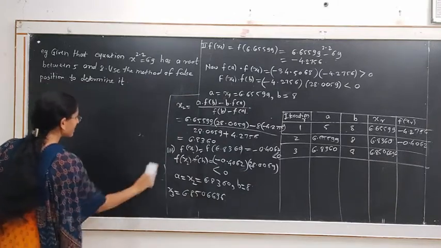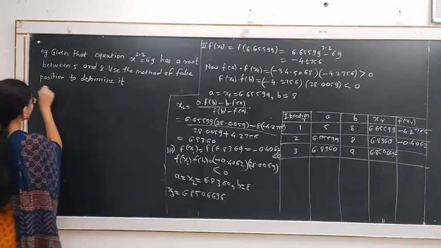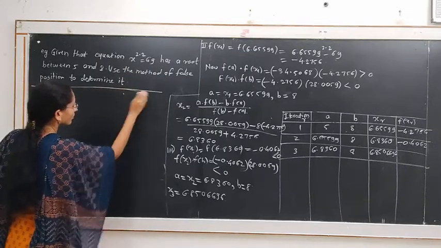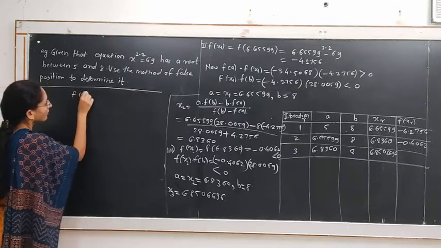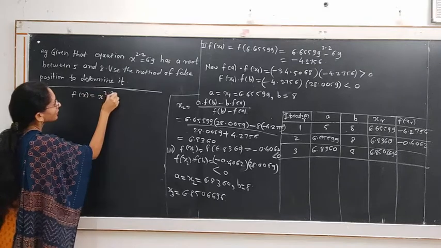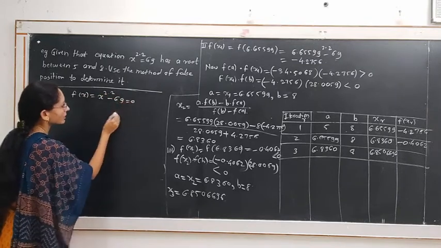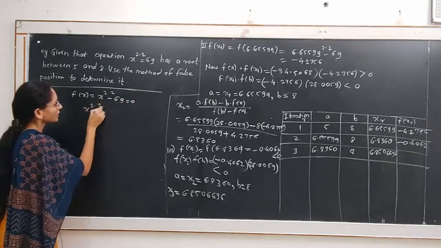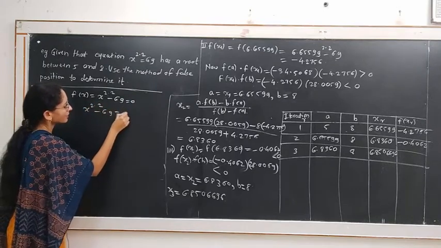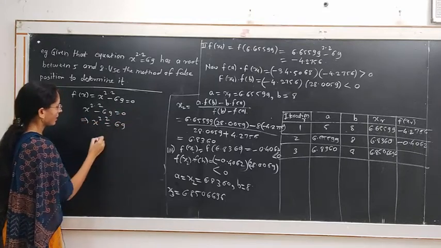The function f of x is x raised to 2.2 minus 69, equal to 0. If we solve this equation, x raised to 2.2 minus 69 is equal to 0, which means x raised to 2.2 is equal to 69.